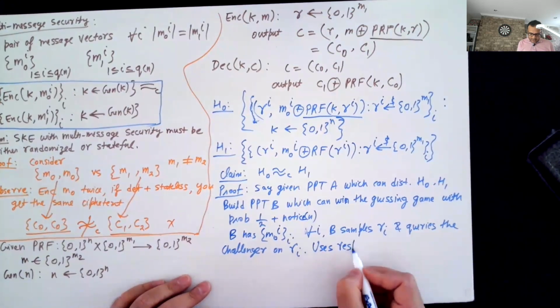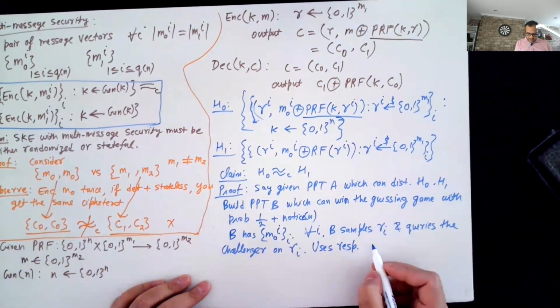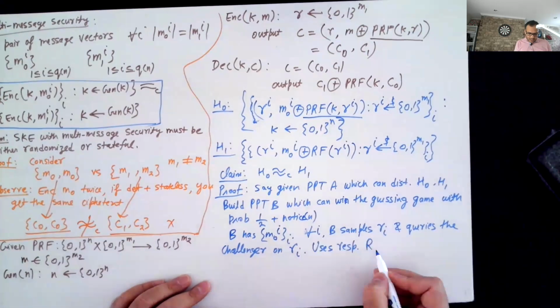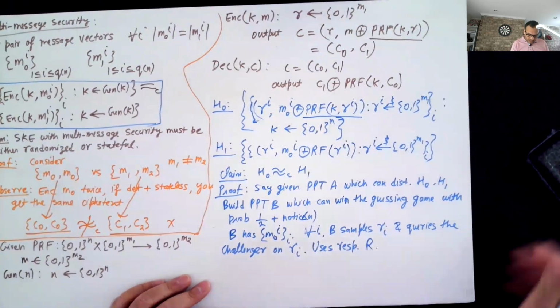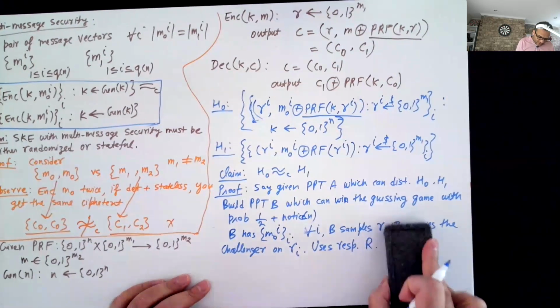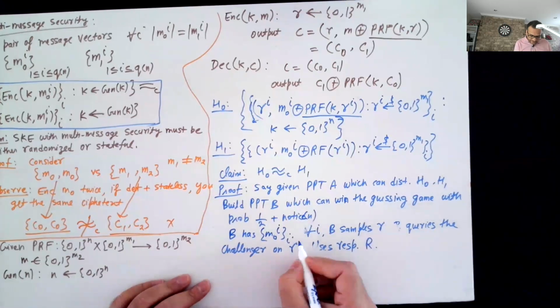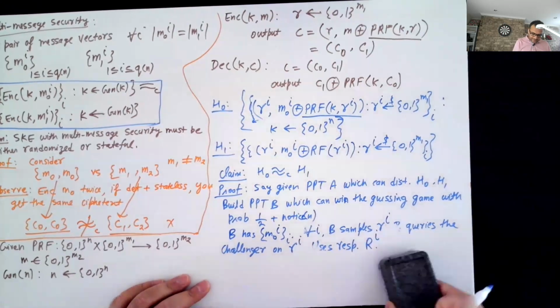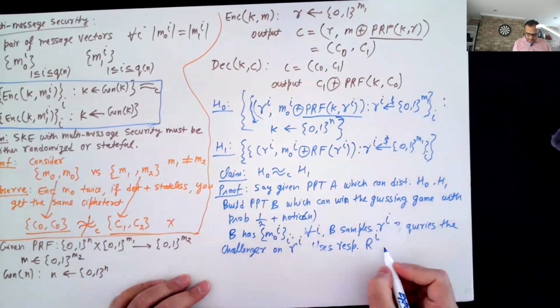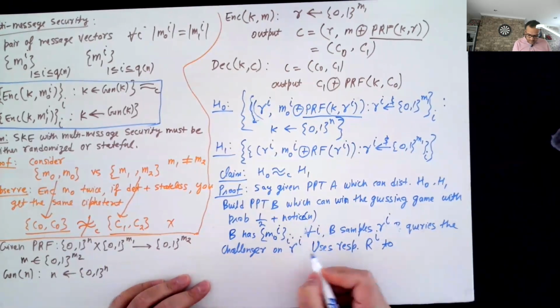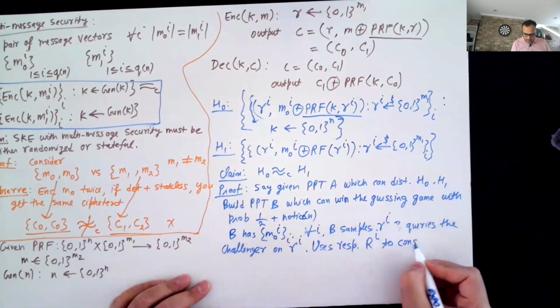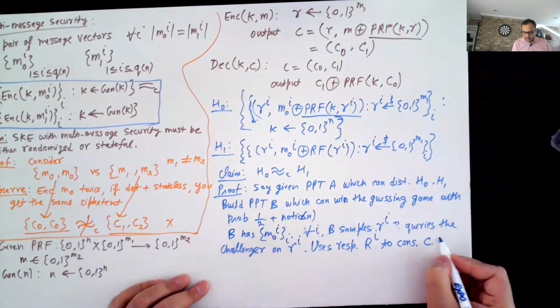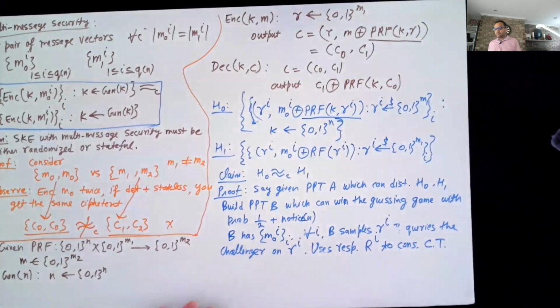And then uses the response. Let's call the response capital Ri, to construct all the ciphertexts, right?